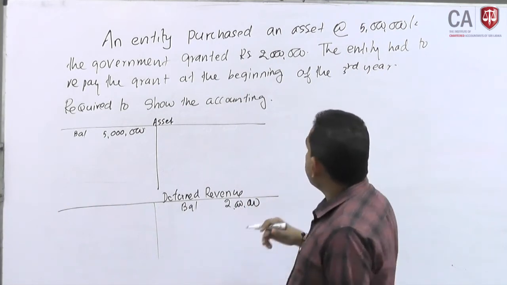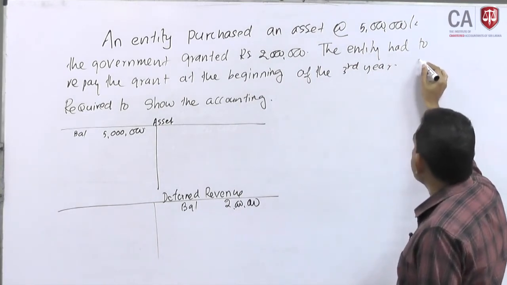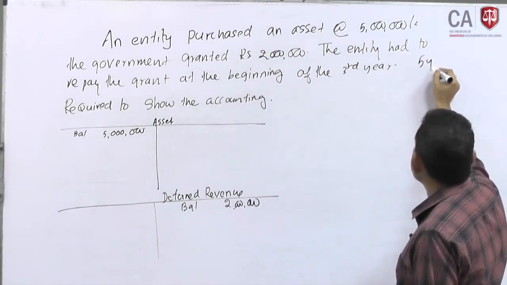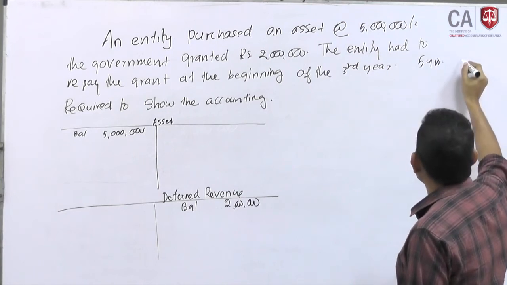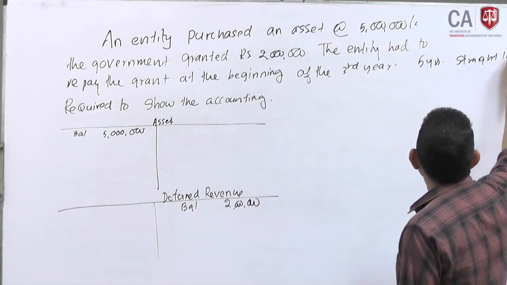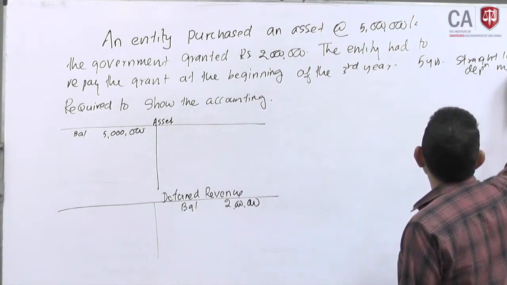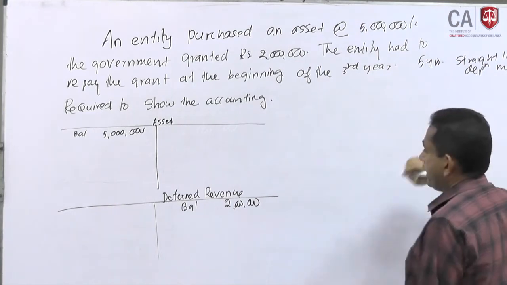I have not given you the lifetime and the depreciation method, so the lifetime is 5 years with the straight line depreciation method.